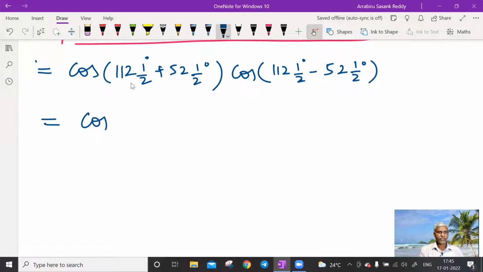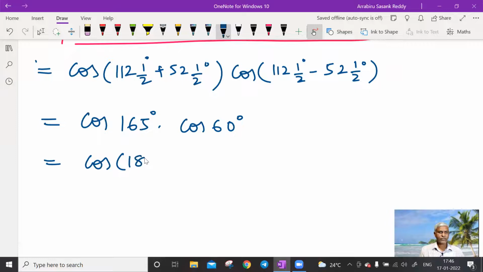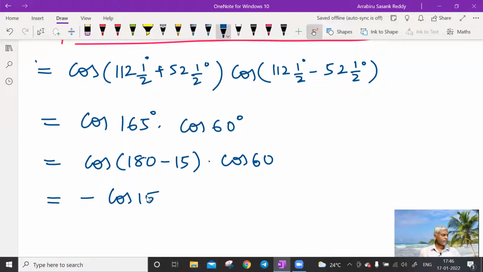Adding this, 112.5 plus 52.5 is 165, and the difference is 60. So 165 can be written as cos 180 minus 15.